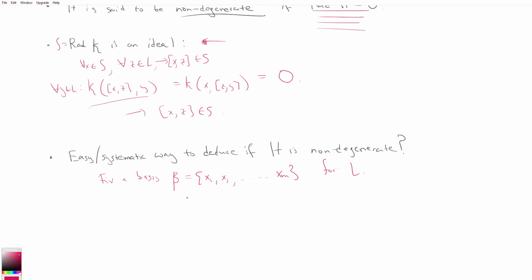Then we can define the matrix of the bilinear form with respect to beta as follows. You take pairwise vectors and put the results in the corresponding spot in the matrix. So the matrix is H of xi comma xj, where i, j equals 1 to m.